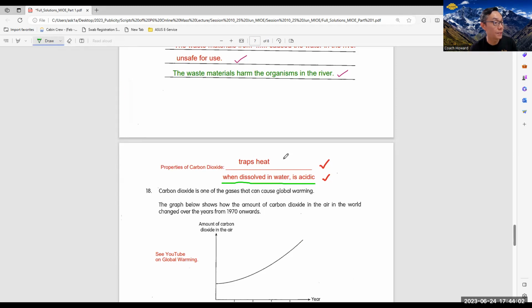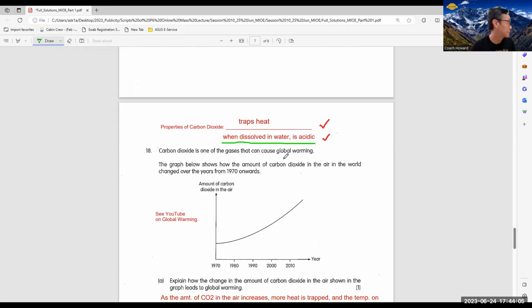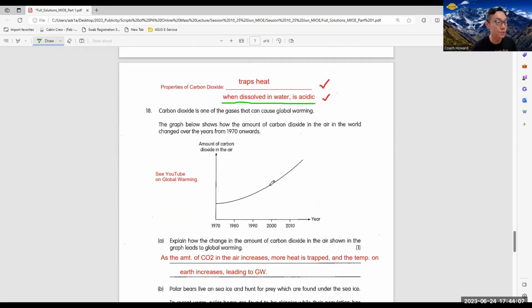Okay, global warming, you can see the YouTube video yourself because due to time shortage, I will not play it. So you can see over the years, from 1970 to 2010, the amount of carbon dioxide in the atmosphere has increased. Explain how the change in amount of carbon dioxide in the air shown in the graph leads to global warming.